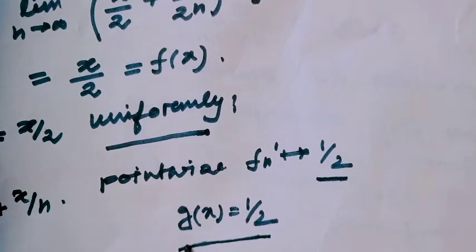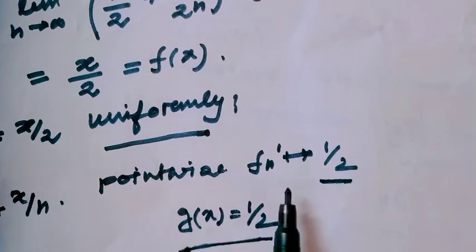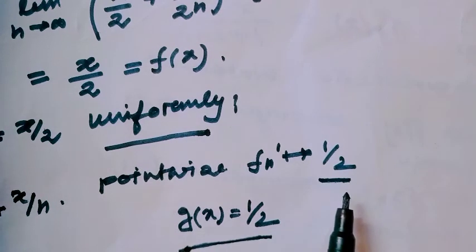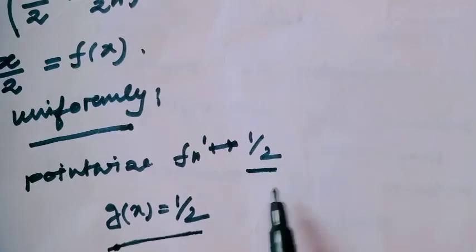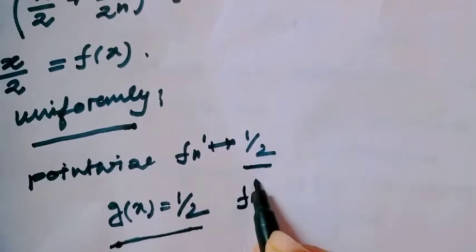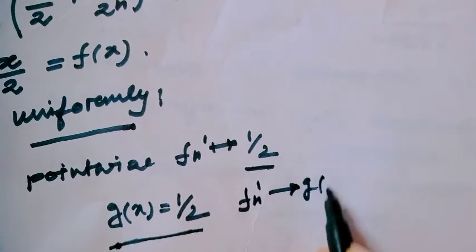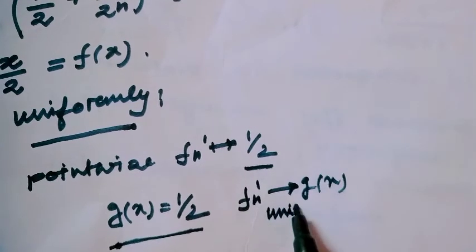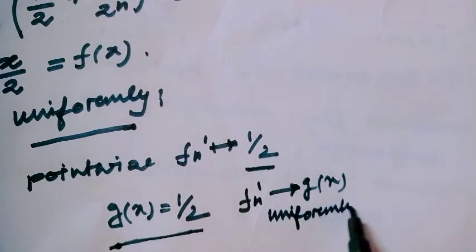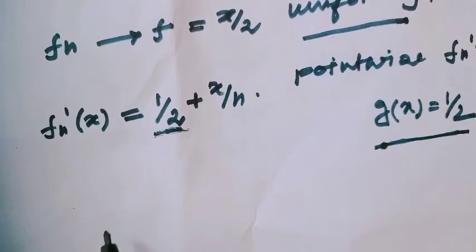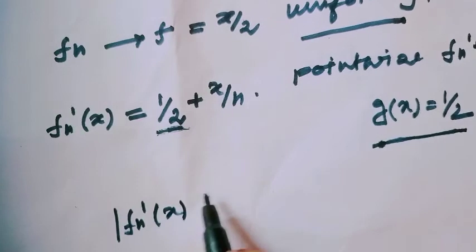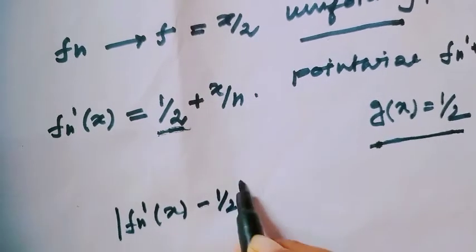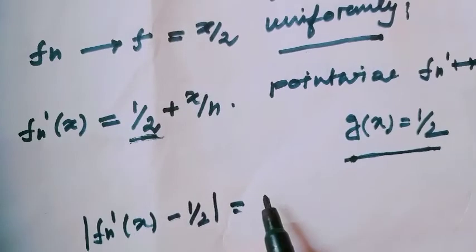Now we have to check, is this convergence uniform? That means, does Fn dash converge to g(x) uniformly? We have to check Fn dash x minus half.